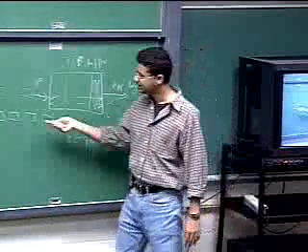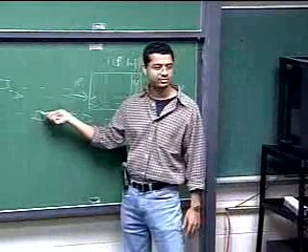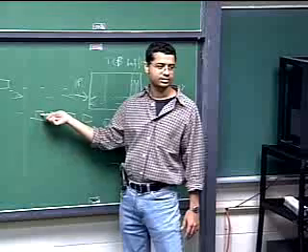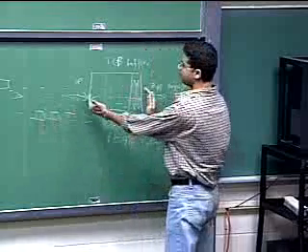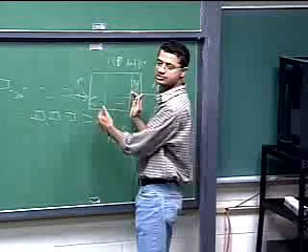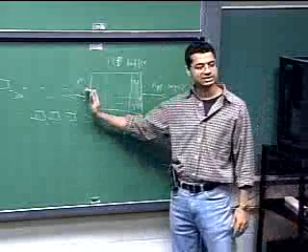So when this ACK goes back, what's the receive window going to be? The receive window is going to be 4K minus 1K. So it's the available buffer at the receive end.